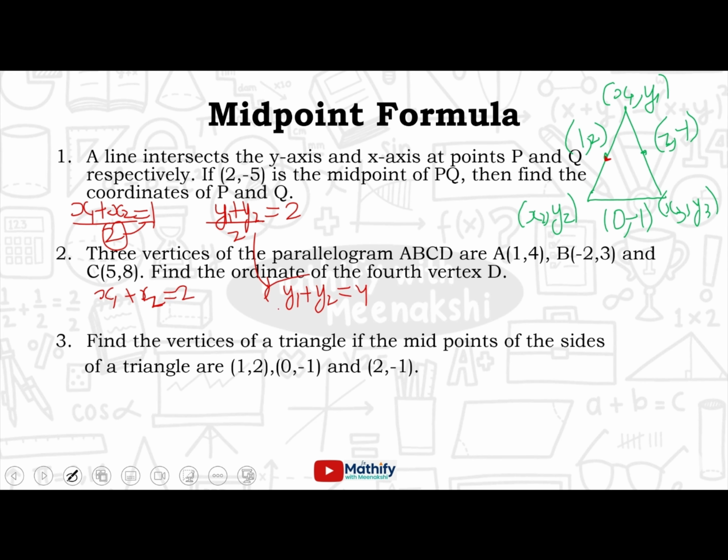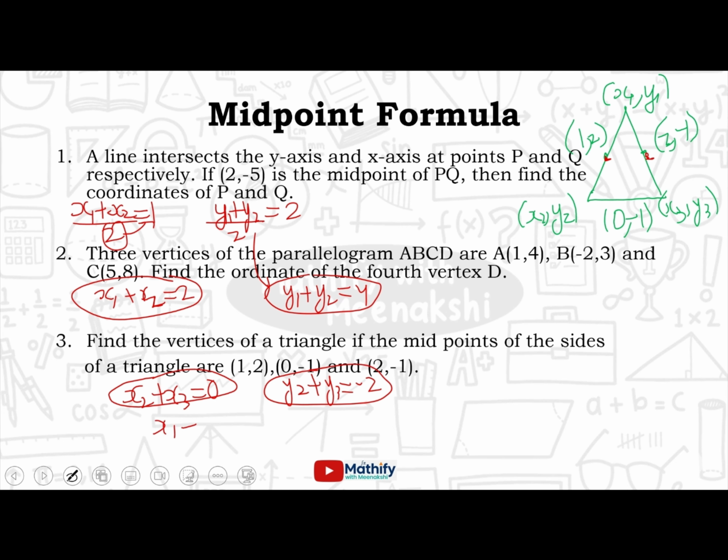Similarly, you will find equations for the other sides. For this, I will write directly now: x2 + x3 is double of the x coordinate, that's 0. And y2 + y3 is double of -1, that is -2. Now I will write for this again: x1 + x3 is double of the x coordinate, that's 4.